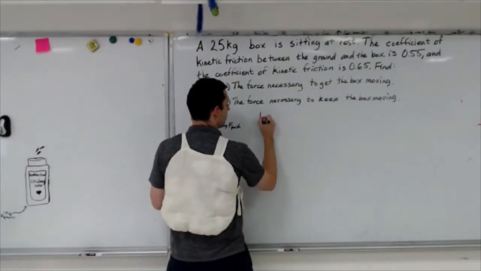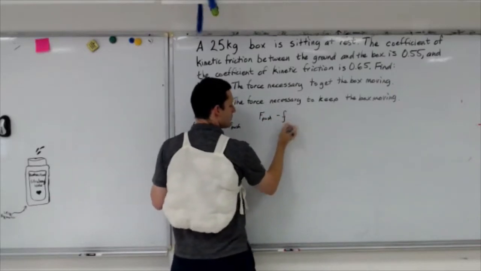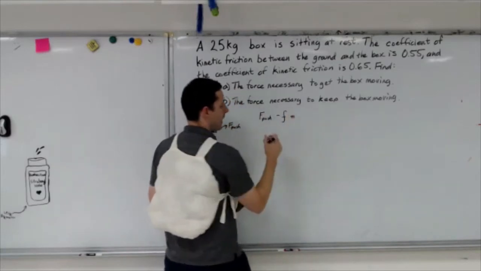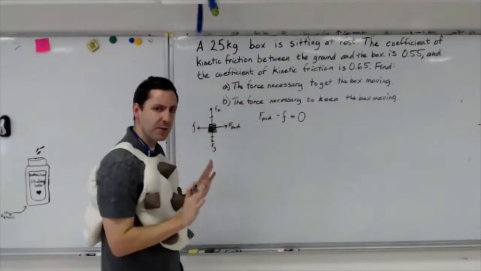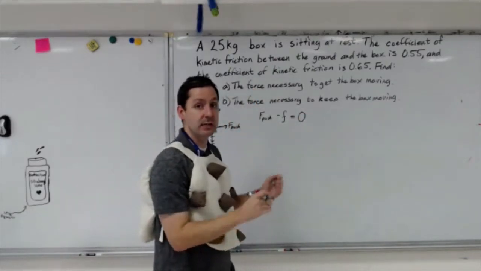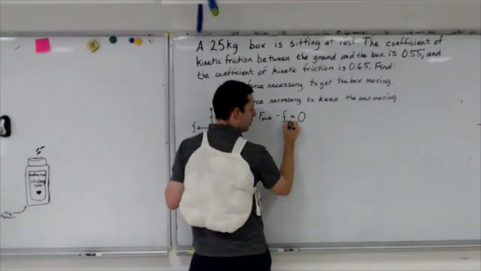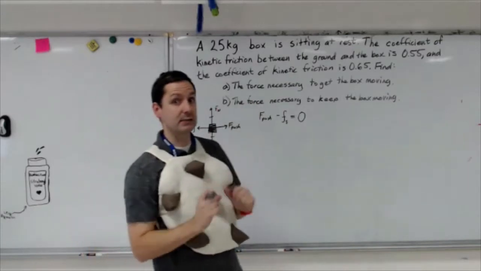We've got the force of the push, which is to the right, and friction, which is to the left. This is sum of the forces equals ma, and the acceleration here, of course, is 0 up until the point where we give just enough force that it's more than that amount of static friction. So I'm going to put a little s there to remind me that I'm looking at the static friction.